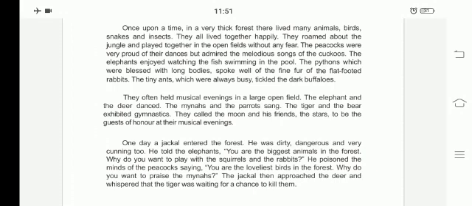What do you understand from this paragraph? In this paragraph we understand that this lesson is about the different types of animals who lived in the forest. Once upon a time in a very thick forest means they are telling us the story that in a thick forest there lived many animals, birds, snakes, and insects, and they used to live together happily, and they roamed about the jungle and played together in the open fields without any fear.